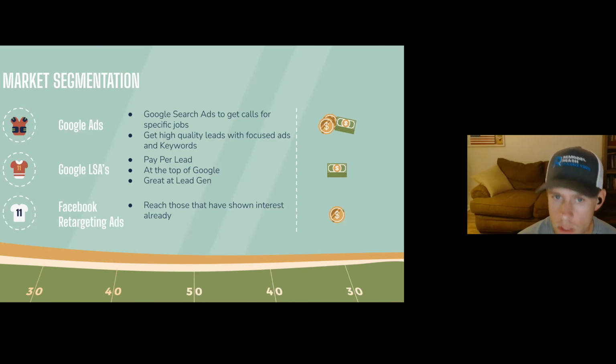So if you're looking to increase the amount of kitchen projects that you have, then you can create campaigns specifically for kitchen remodeling, and all the keywords that are involved in there. So you can get high quality leads out of the Google search ads because you are the one choosing the keywords that you show up for. You're choosing people searching for this keyword here.